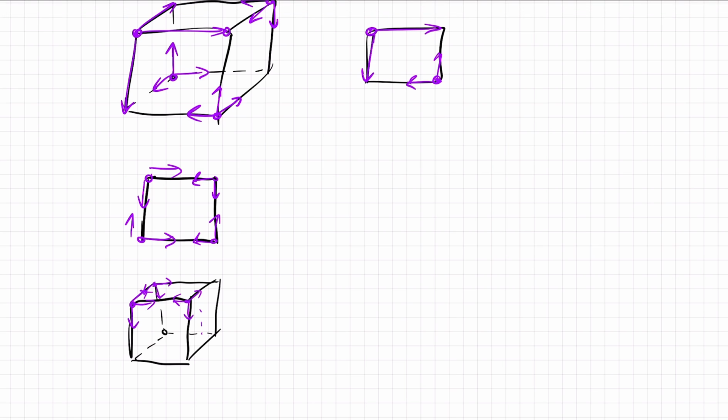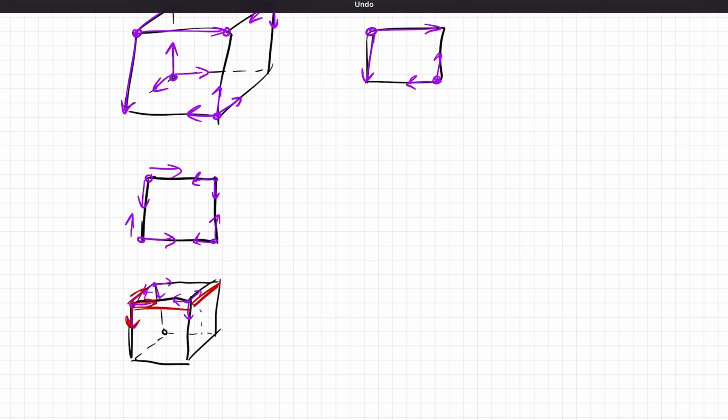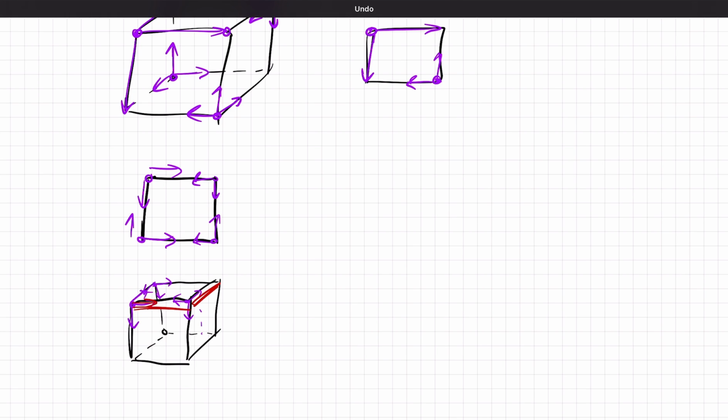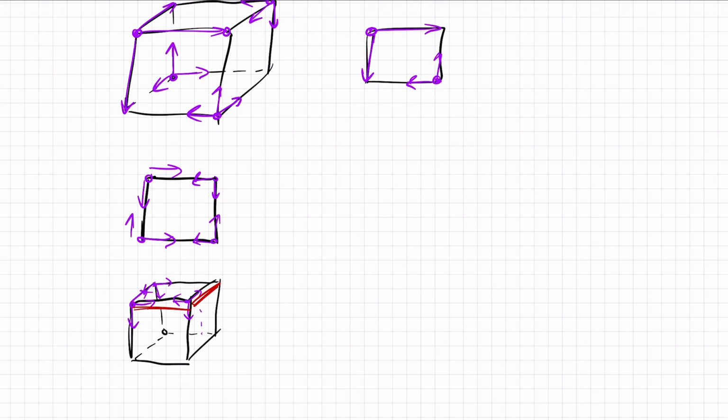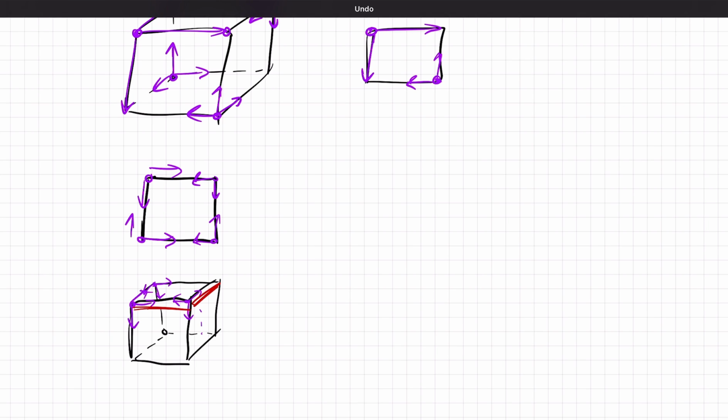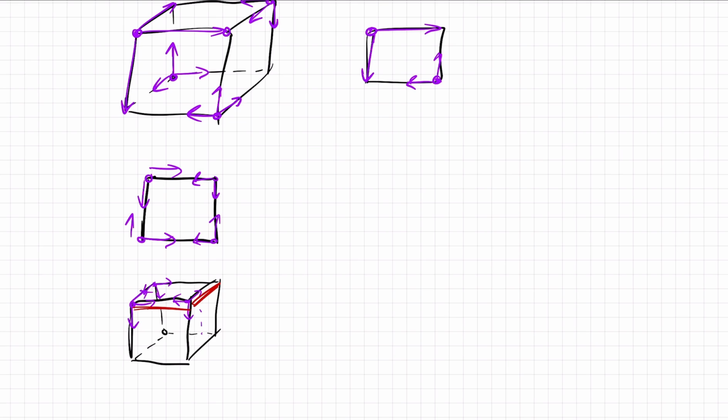Okay, this is making sense. So each edge along the cube is being accounted for twice by these vertices. Because if we assign 3 edges to each vertice, every single edge on this cube is going to be accounted for by exactly 2 vertices.